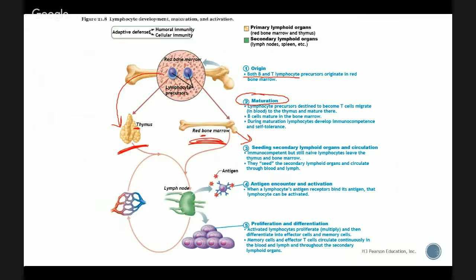But they are planted in the lymph nodes and in the blood to be on the lookout for anything that doesn't match. And then, once they encounter the antigen, now they become activated. They said, this is what the training was for. Now I know what I need to do.